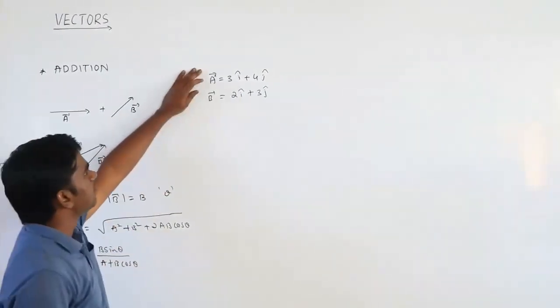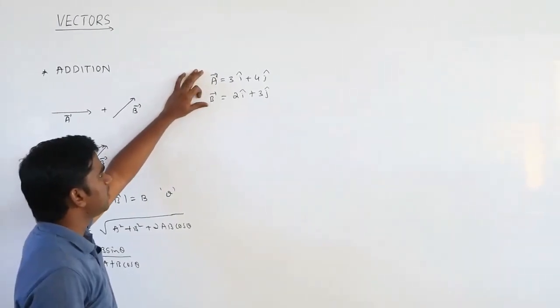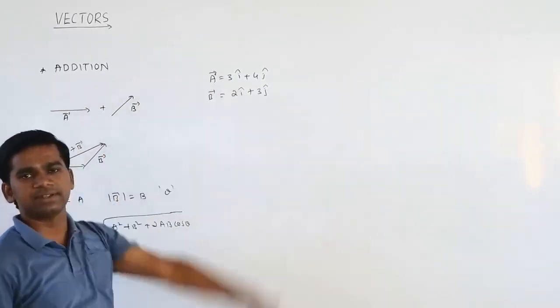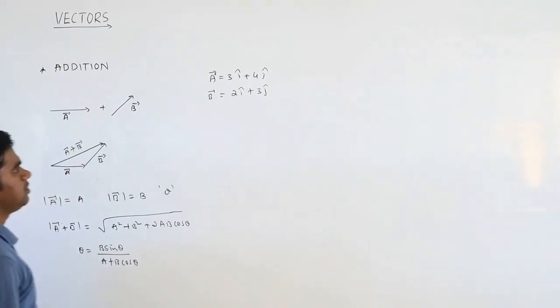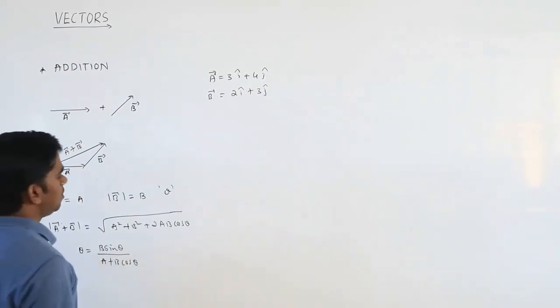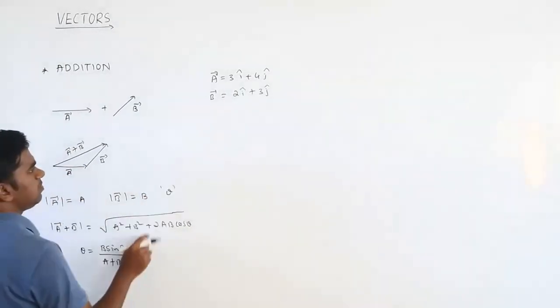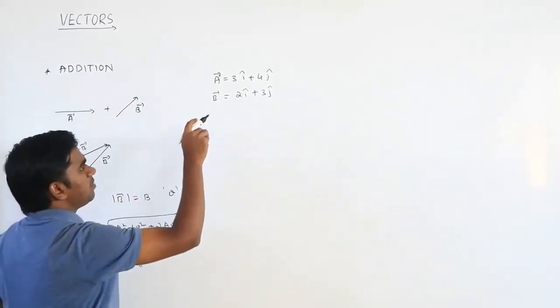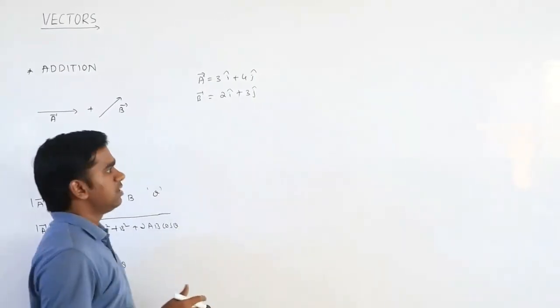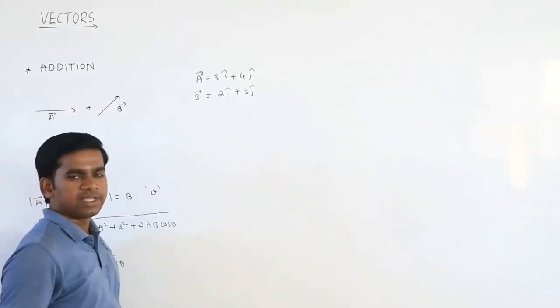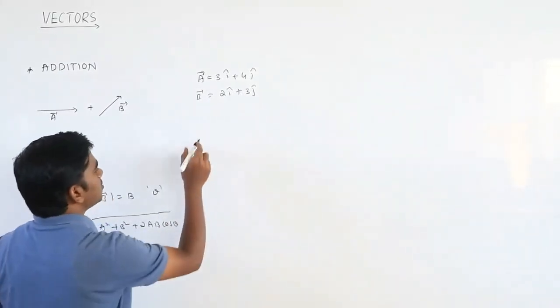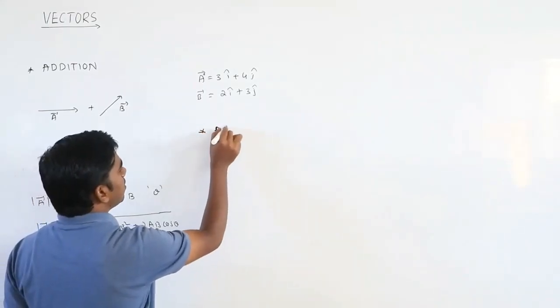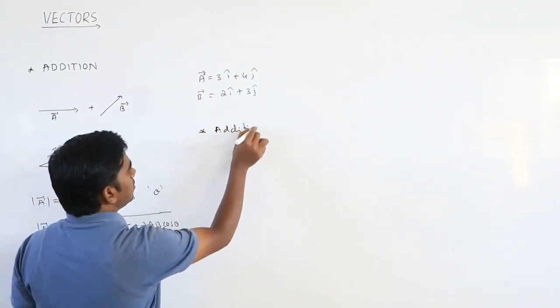For that, you can use the analytic method also. You have to find separately the magnitude of vector A and magnitude of vector B, then you have to find the resultant. But why go with that much procedure? We can directly add also. So to solve this, I will take a general vector.